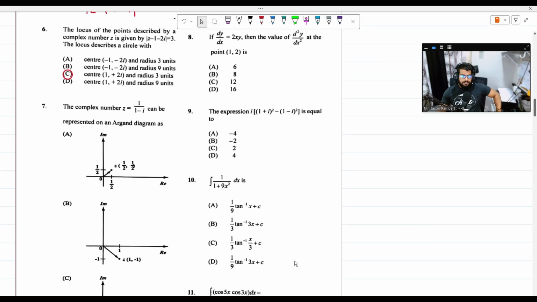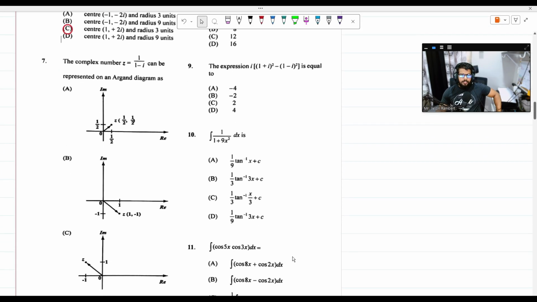Number 7. The complex number can be represented on an Argand diagram by, well, we have to rationalize this, right? So 1 over 1 minus i, multiply by (1 plus i) over (1 plus i).